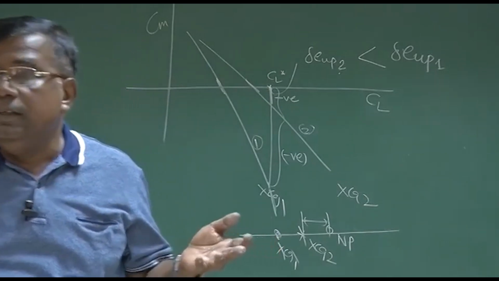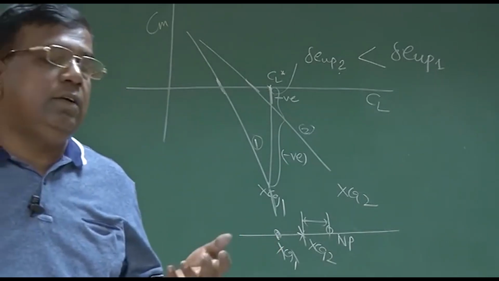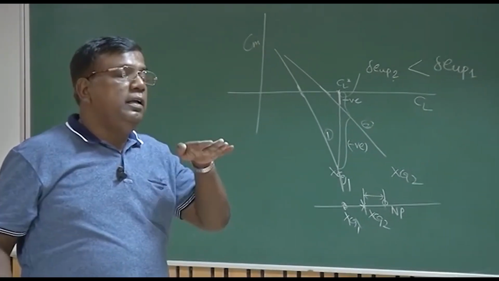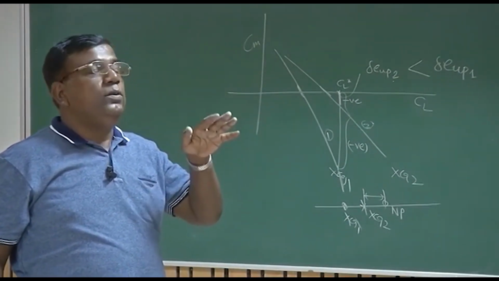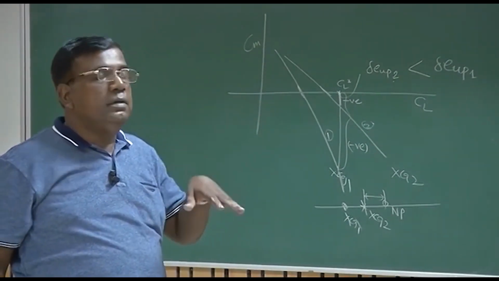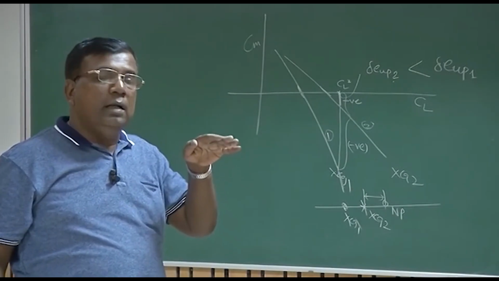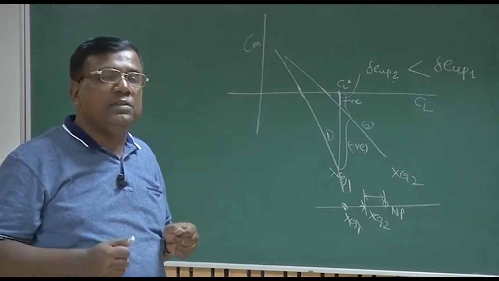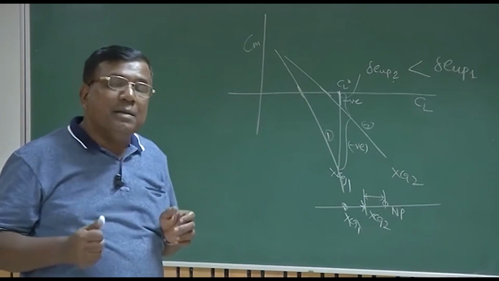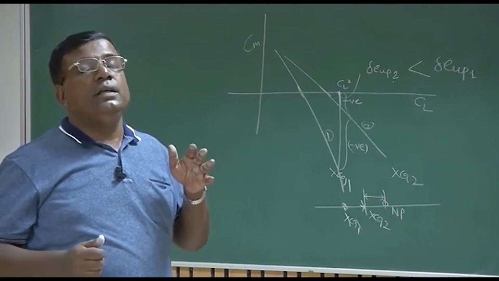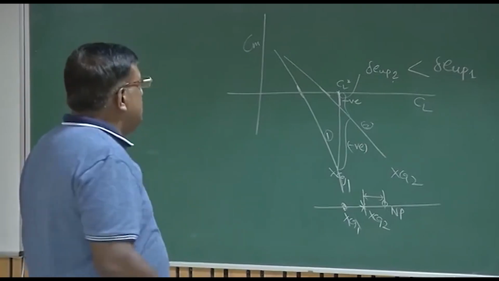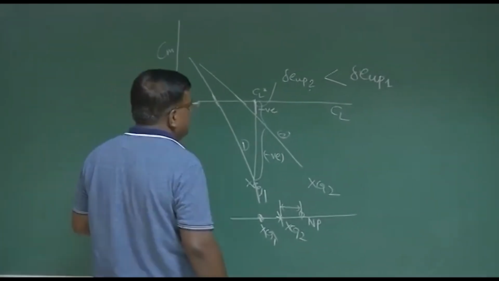Which is very obvious, and we can understand that any aircraft which is highly statically stable has an inherent tendency to come back, to retain that position, to restore, and to have an initial tendency to come back to the position. It will resist any change from that position very strongly as compared to an aircraft which has lesser static stability. Okay? So this is very, very clear to us.